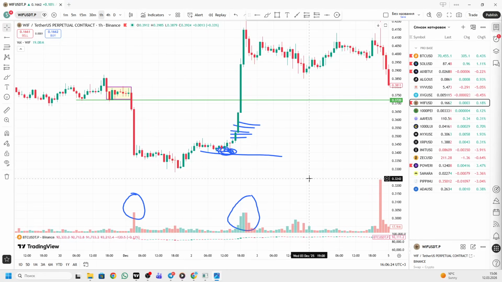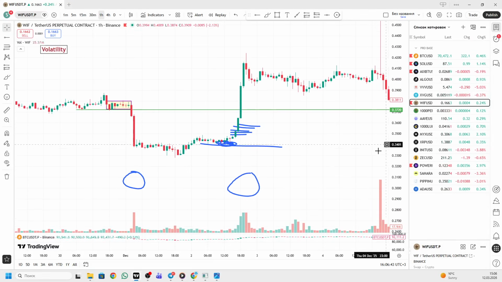Many of you probably heard of Dow theory. For example, here we can see that an uptrend begins. The asset starts rising and we get a steady upward movement. You see? And what appears during this movement? We start to see three phases of market movement.